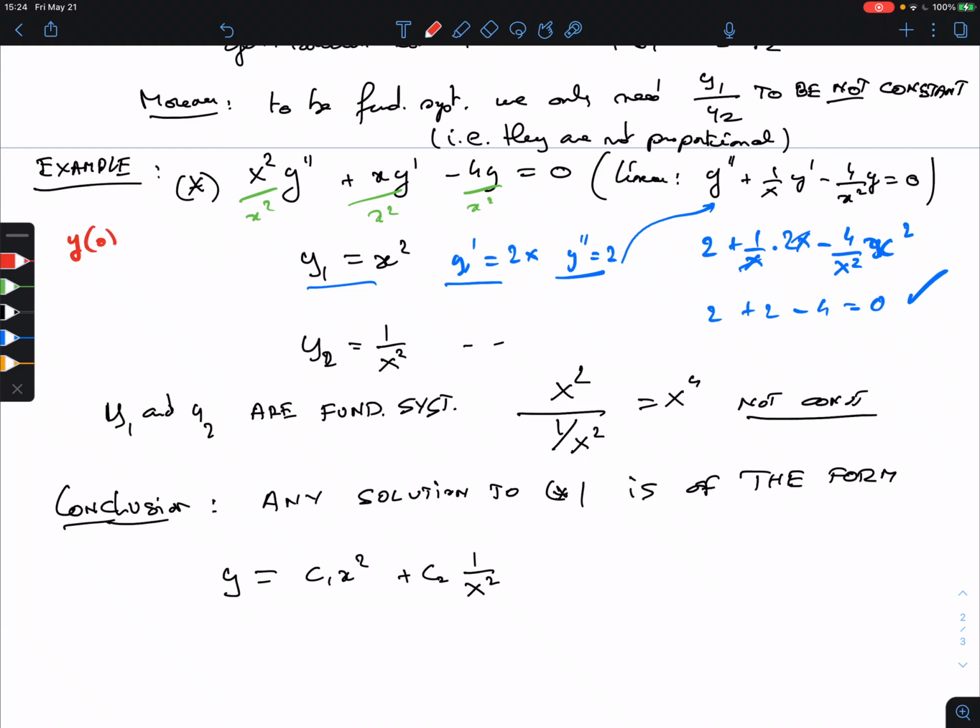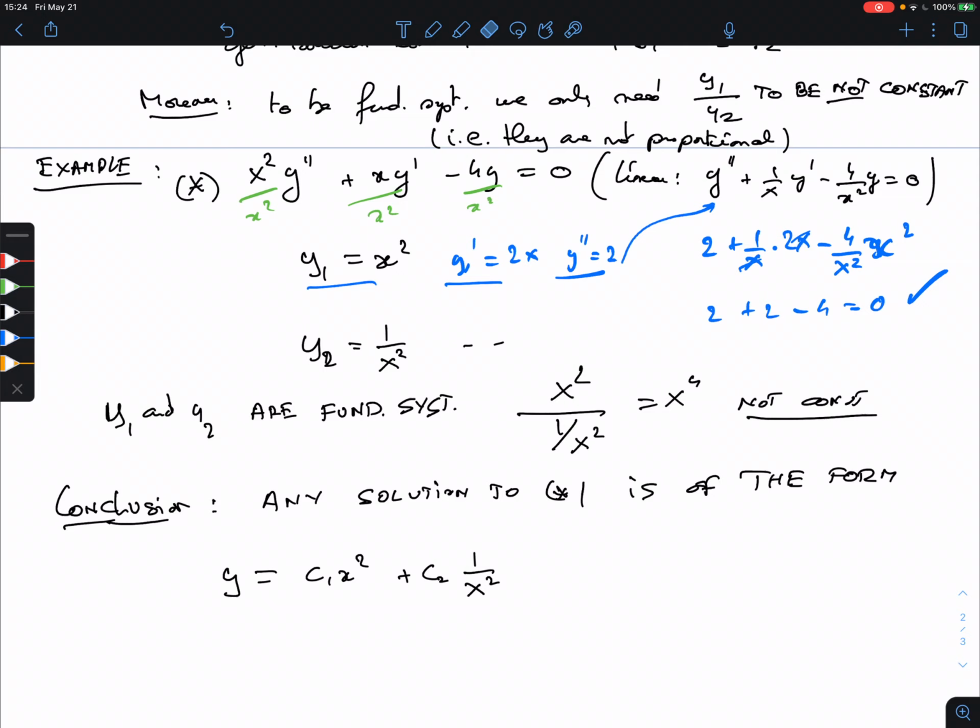Let's put in y(0) equal to, no, I cannot take y(0). Why not? Because I'm going to divide by x squared, so that will make it undefined. This is a case where the solution doesn't exist at every point, and at 0 it doesn't exist. So that would not be a valid initial condition.